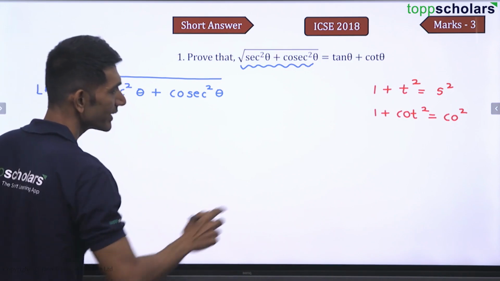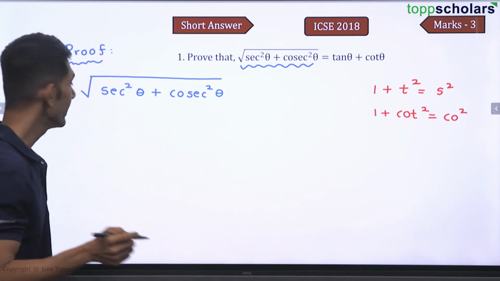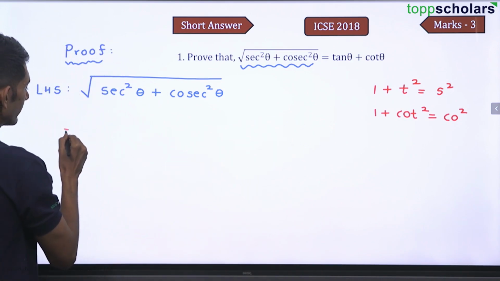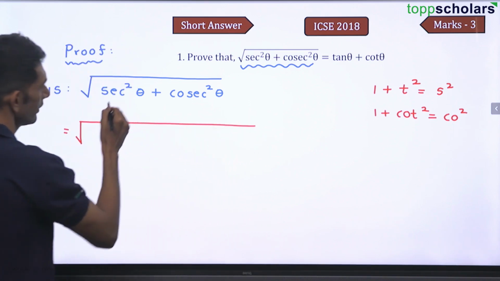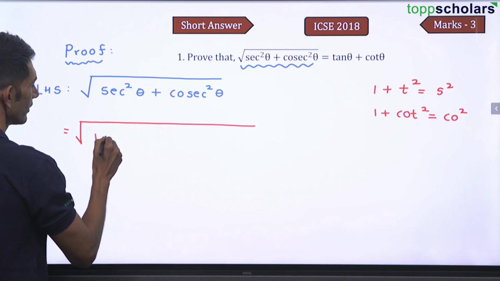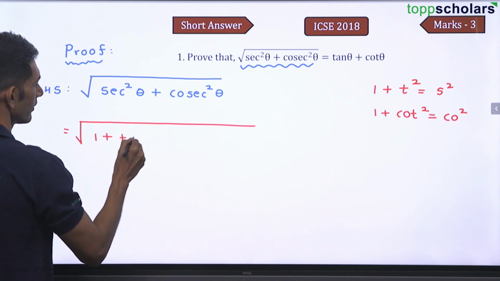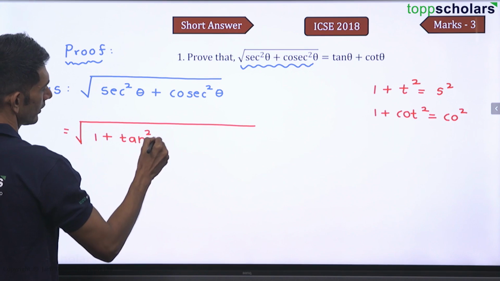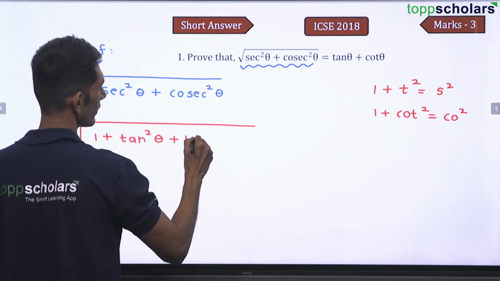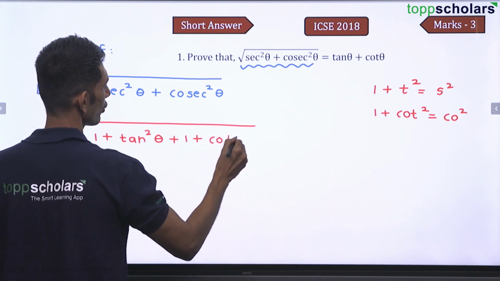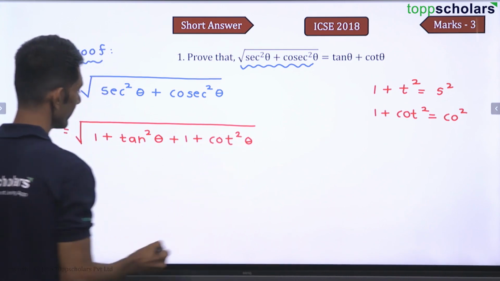So instead of cosec square theta, can I write down 1 plus cot square theta? Yes. So let us do that. This can be further written as: sec square theta is 1 plus tan square theta, cosec square theta is 1 plus cot square theta, isn't it?